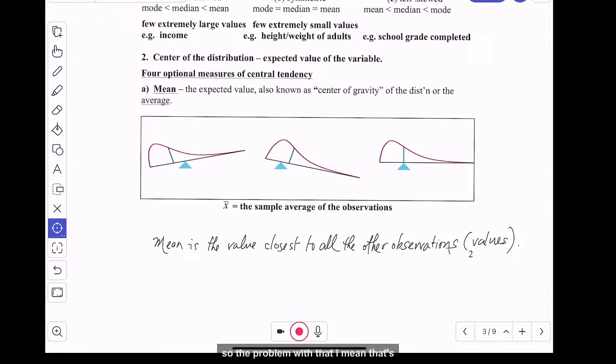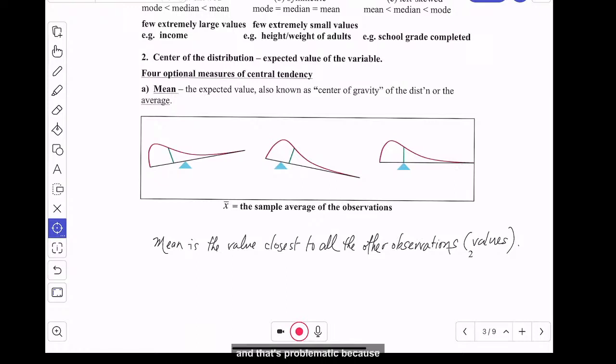So the problem with that, I mean, that's great, it's the center of gravity, and that relates one value to all the other values. But in terms of making a guess, if you pick the mean, notice it's moved away from most of the clump of data here, and it's pulled towards just a few values over here.